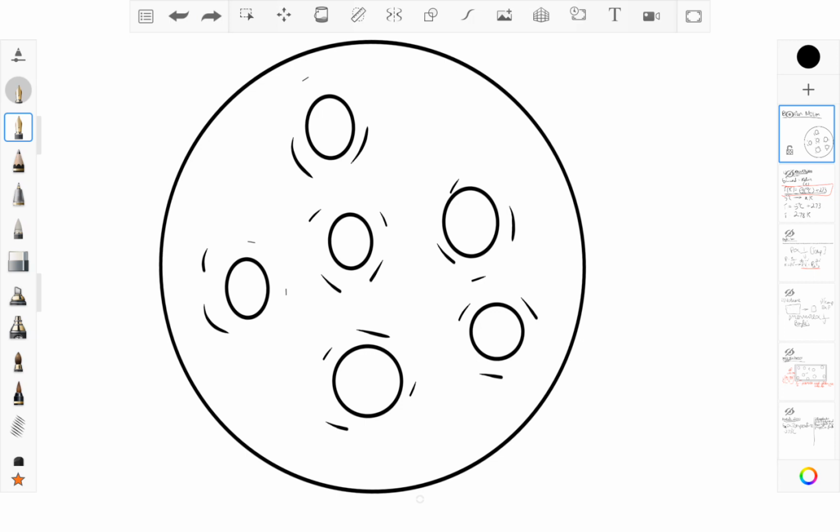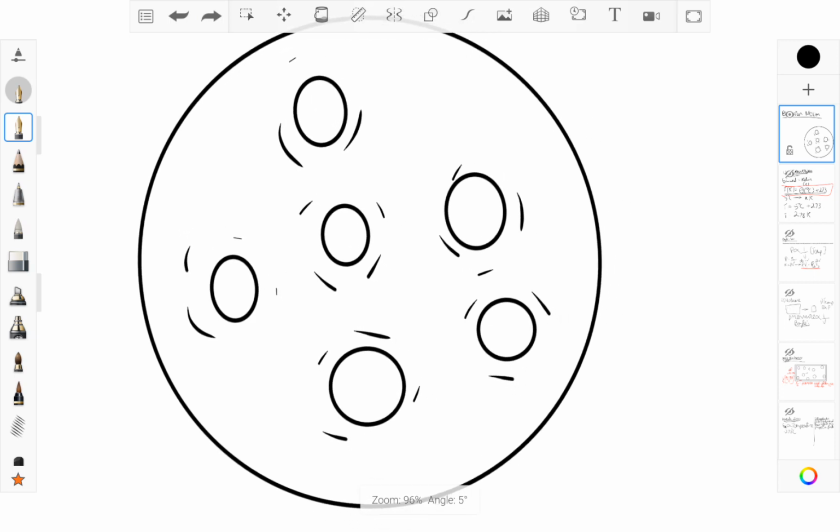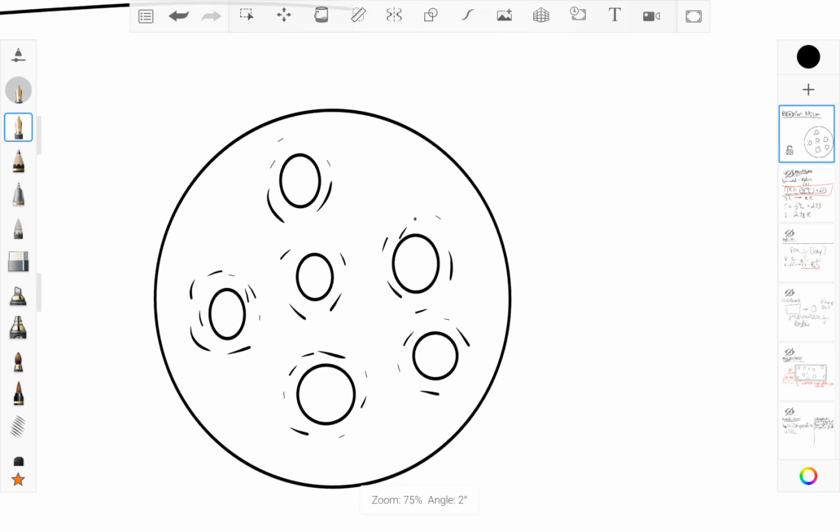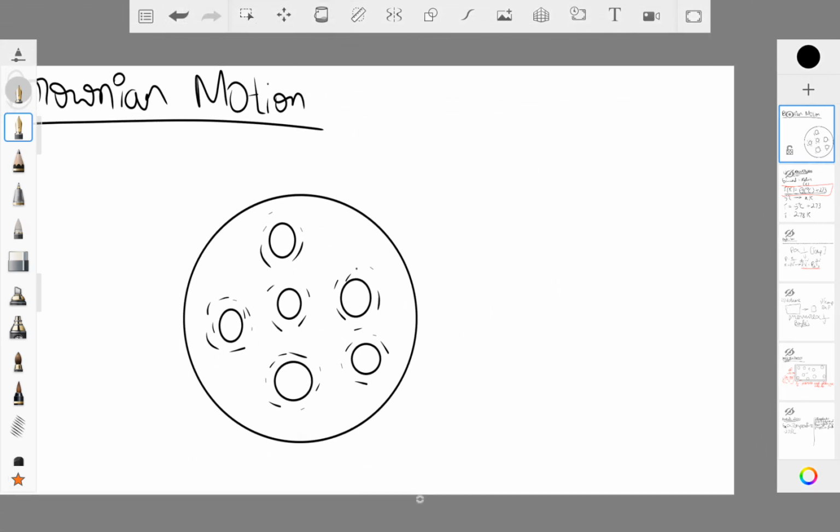Looking at this under a light microscope, I'm going to notice that the pollen grains are actually showing jittering, or they're moving about very short distances. And this random movement of the pollen grains can be explained using Brownian motion. So let's figure out what it is now.